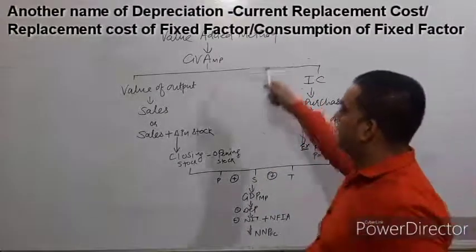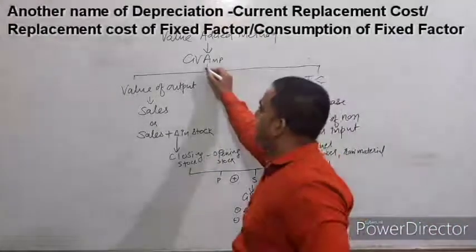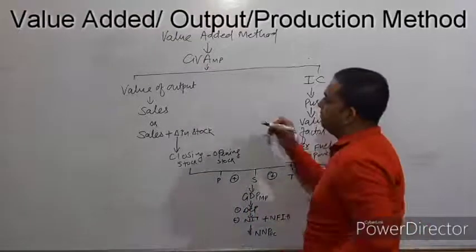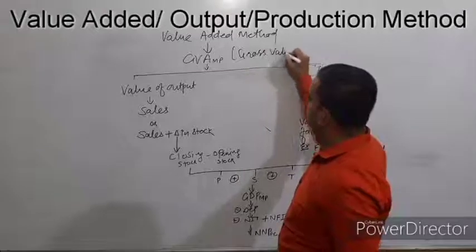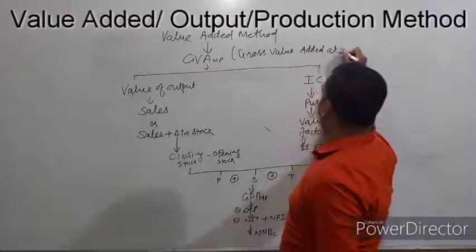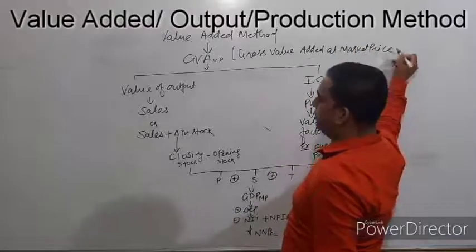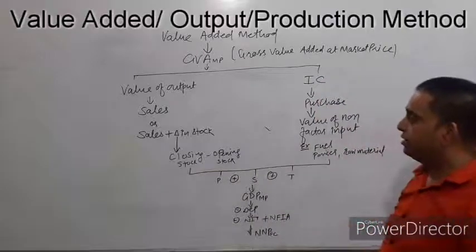Here, the first thing we need to know is GVAMP, it means gross value added at market price. Gross value added at market price, right?